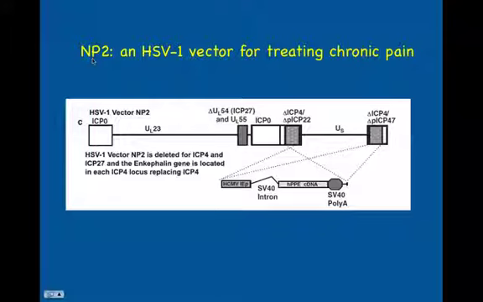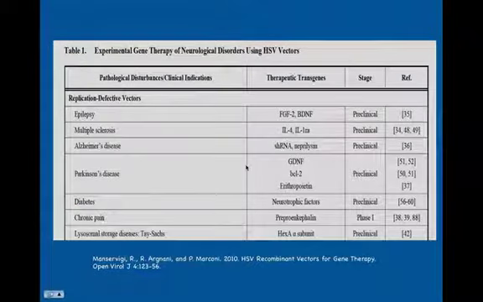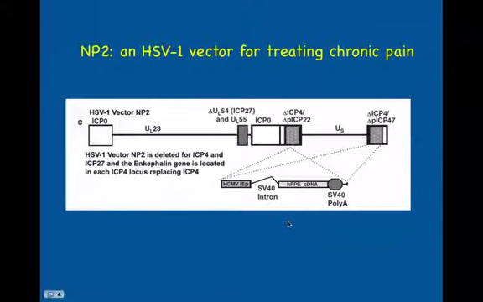NP2 is an HSV1 vector for treating chronic pain. So this is the chronic pain. It's creating pre-pro enkephalin, at least in that particular system.